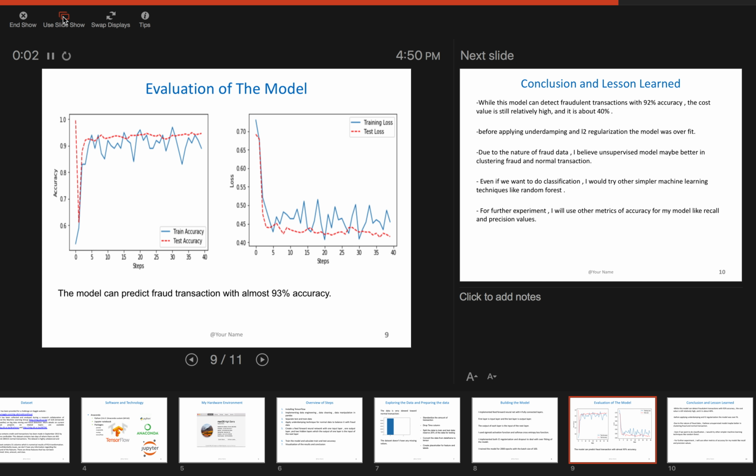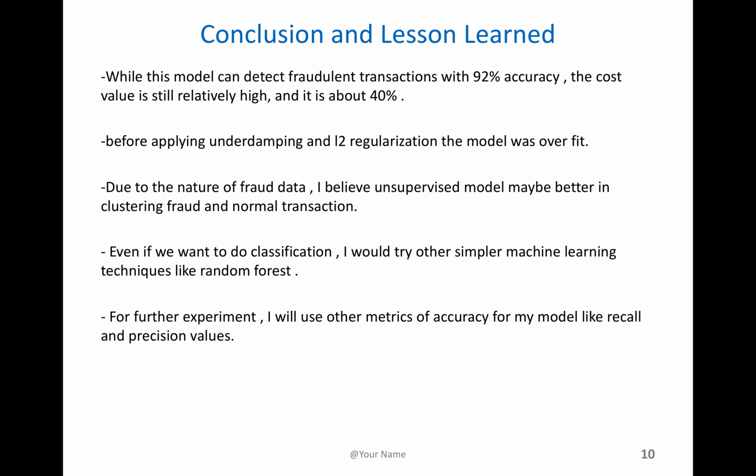In conclusion and lessons learned, while this model can detect fraudulent transactions with 92% accuracy, the cost value is still relatively high, about 40%. So I should be concerned about this if I accept accuracy as one of the evaluation metrics.